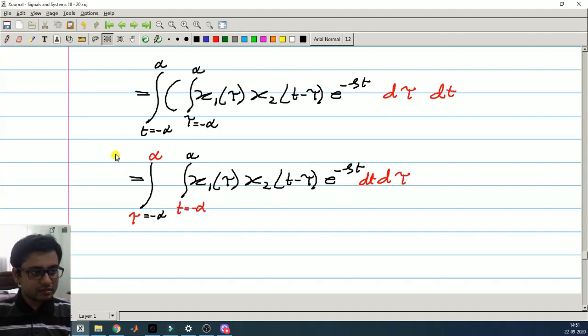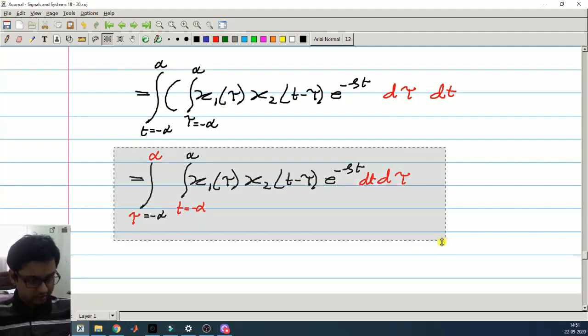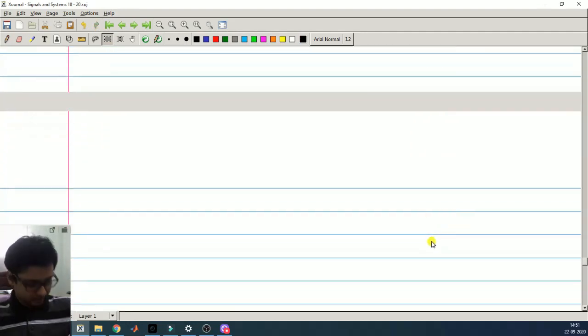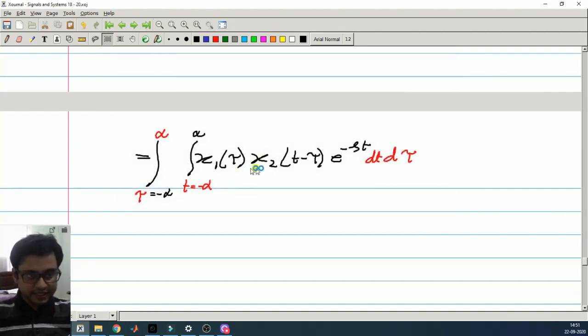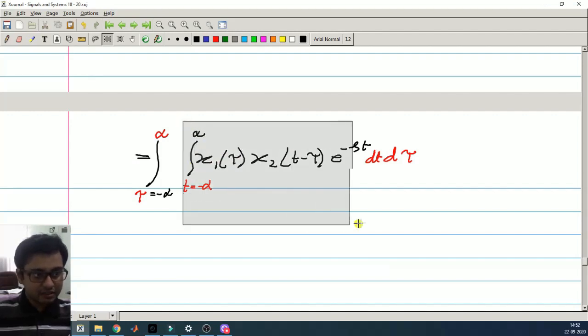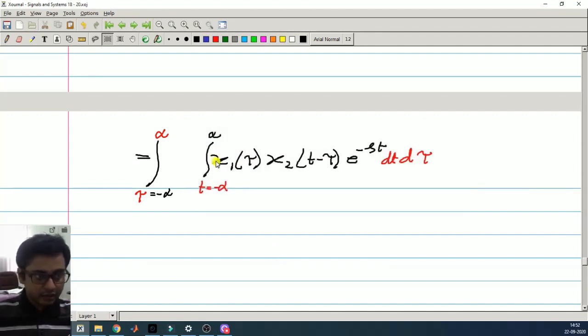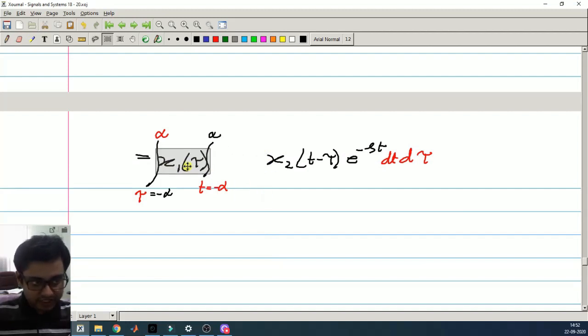Next, in this you observe the inner integration is over t, and therefore x1(tau) is like a constant that I can write outside the inner integration. I will put it here.